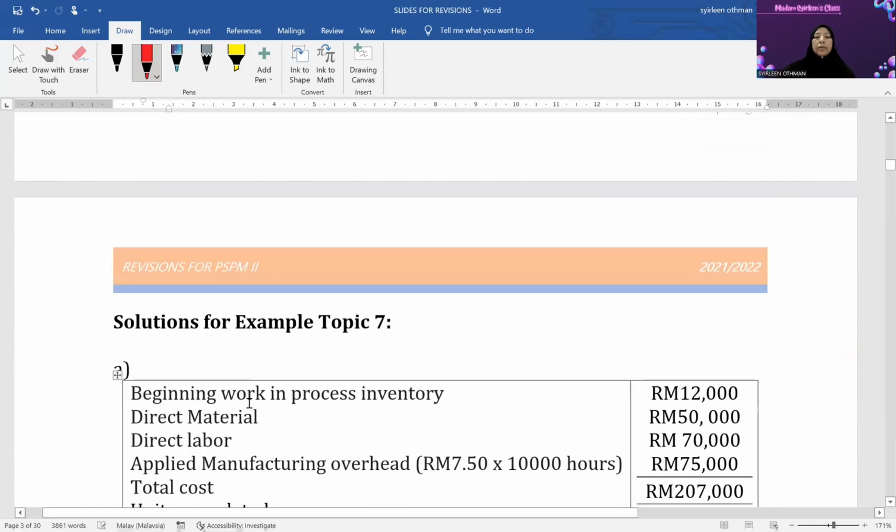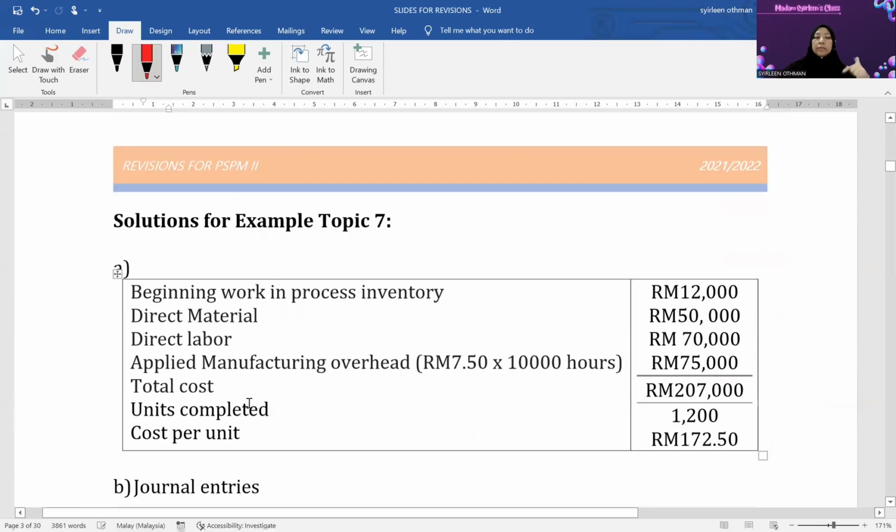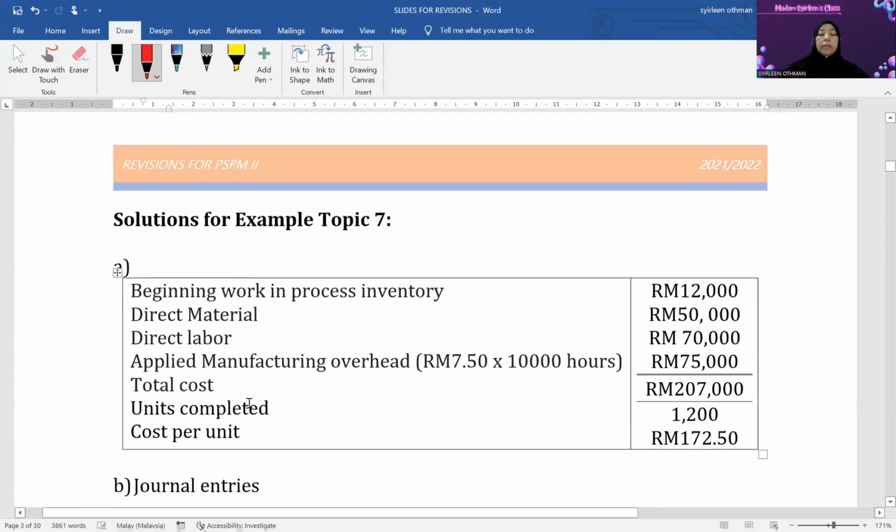Okay, all right, the first item, the first answer that you are going to give in your question, okay, kita akan kira jumlah kos. So here, as you can see, this is given in the question, which is your beginning work in process inventory. Even though the question gave you the raw materials and the finished goods, I am going to only include beginning WIP.